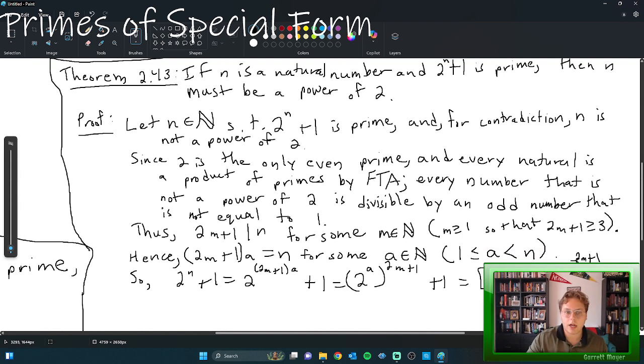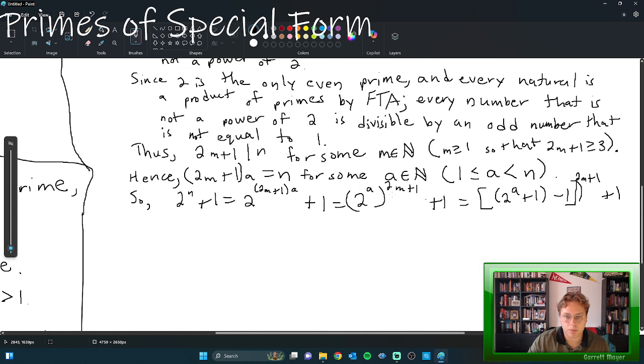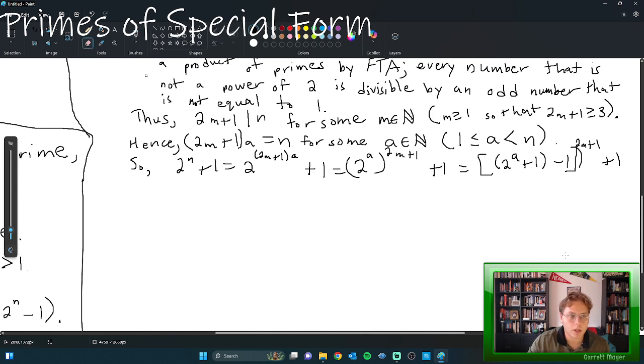Okay, so now we have this written out in a way that we can perform a binomial expansion on it. We can use the binomial theorem.